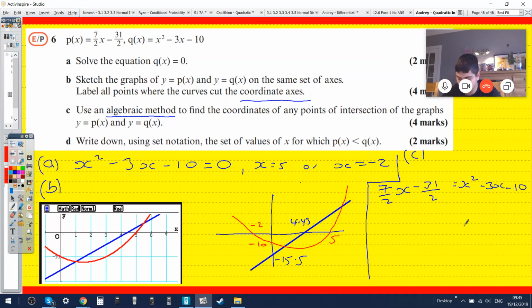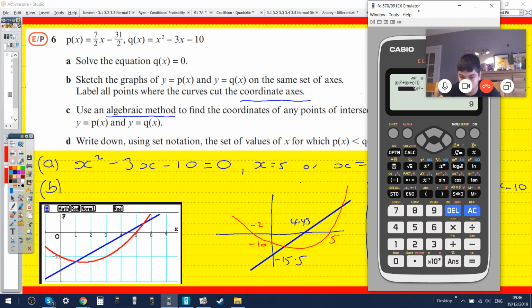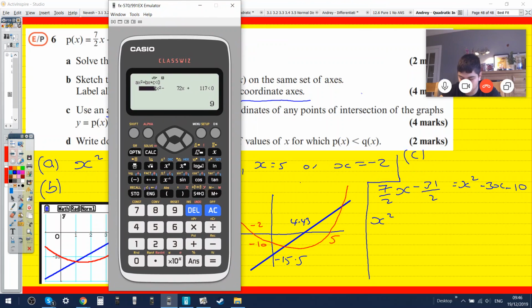So I've got x squared minus 13 over 2x plus 11 over 2, and so I got x as 11 over 2 or 1.